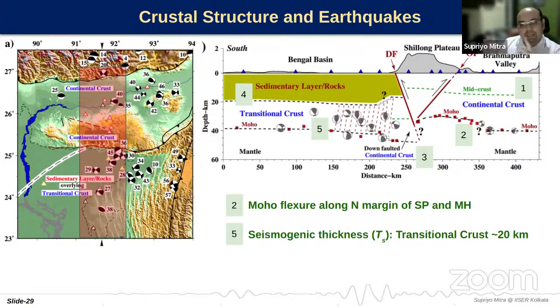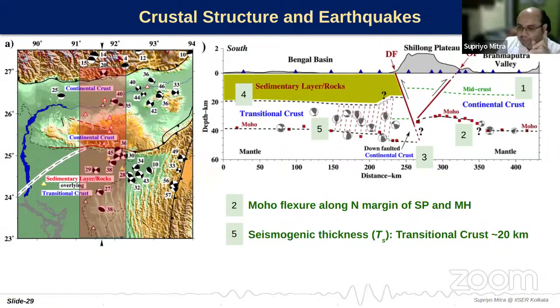Number 3 is you have a down-faulted crust across the southern edge of the Shillong Plateau, and it's quite a large step. Number 4, you have this transitional crust with a thick pile of sediments on top. And number 5, the seismogenic thickness of the transitional crust is about 20 kilometers. So all the earthquakes are within the transitional crust, from a depth of about 20 to 40 kilometers.